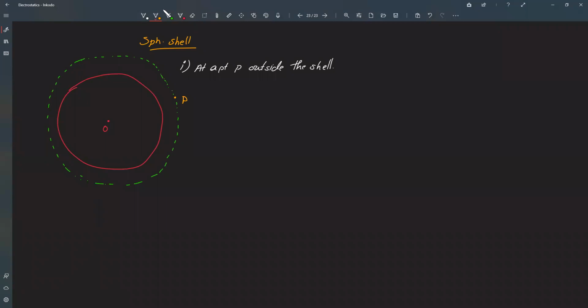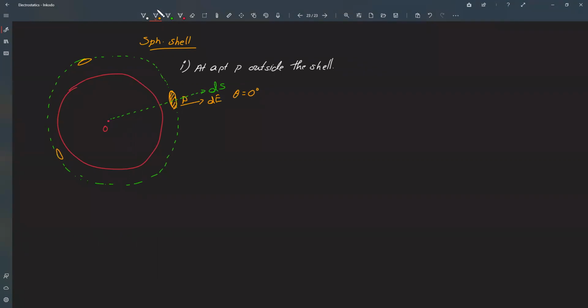Why? Because if you take any very small surface element dS here, then dS and E both will be in the same direction, that is, theta will be equal to 0 degrees. You take it at any point on the surface, you will get the same thing.